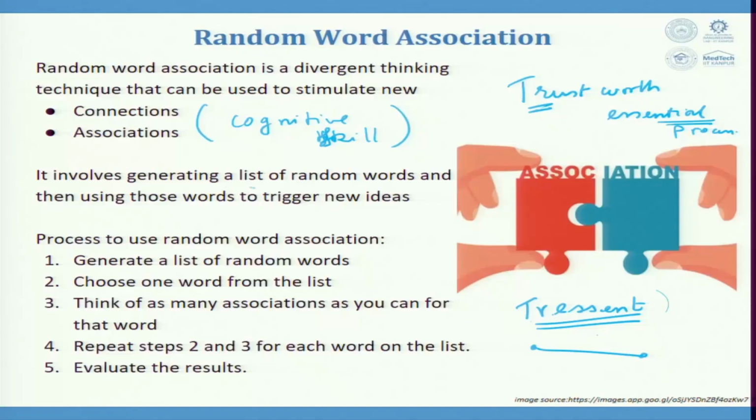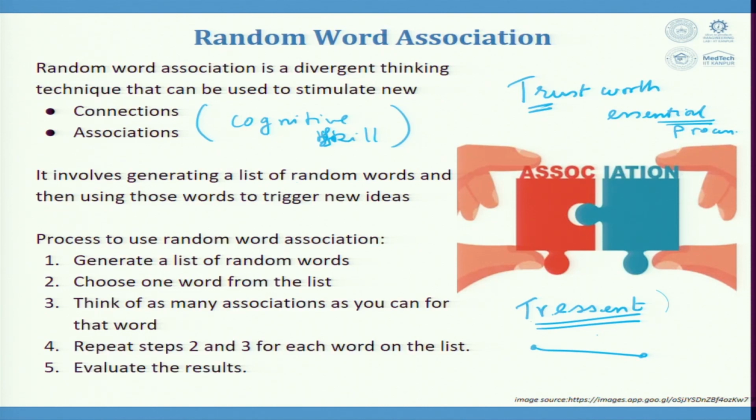Then after using the shampoo or using the scent, I should always have a craving for using it. So, these are the random words which you should write down before thinking of a packaging for your shampoo or a scent or room freshener, whatever it is. So, that is what it involves, generating a list of random words and then using those words to trigger new ideas.